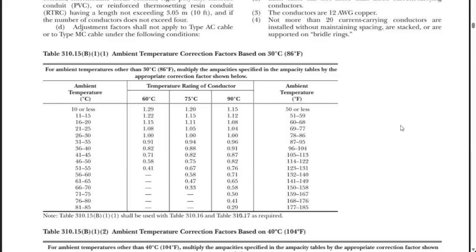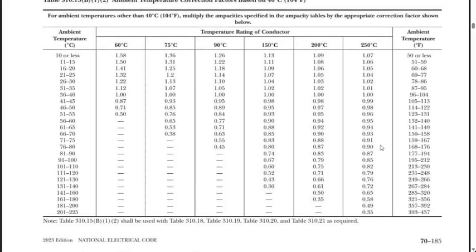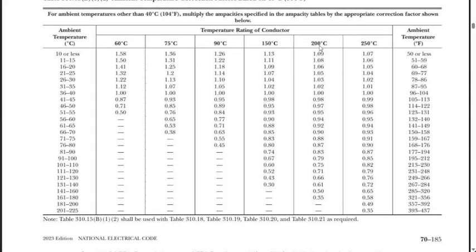We'll talk about these conductors when we actually do this article, 310. If you can see here, they're of a higher temperature rating. Where we stop at 90, these go up into 150, 200, and 250.